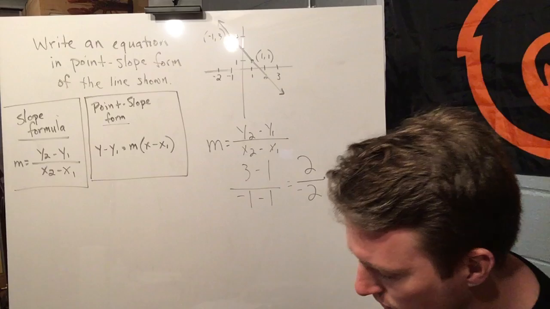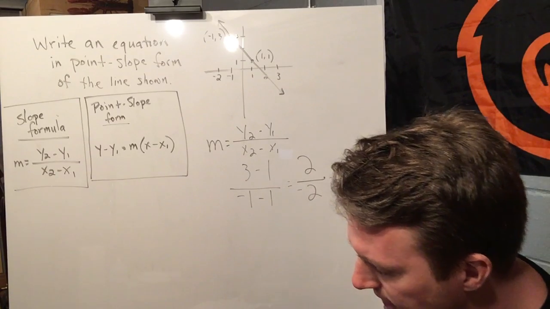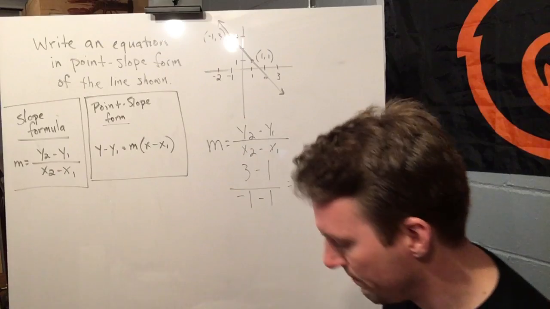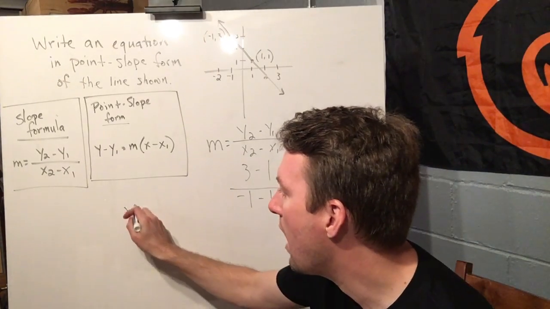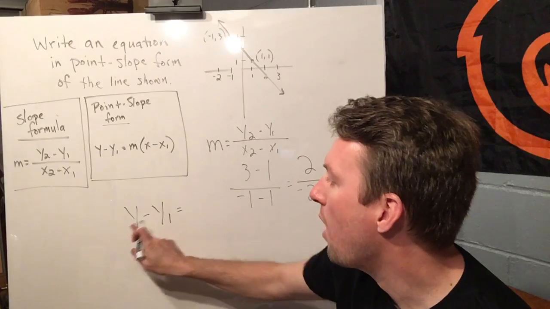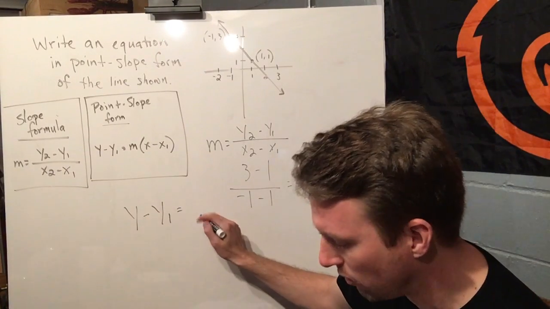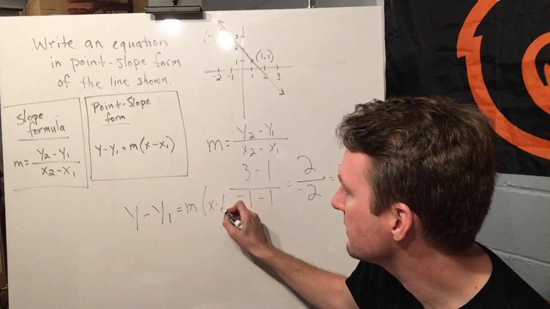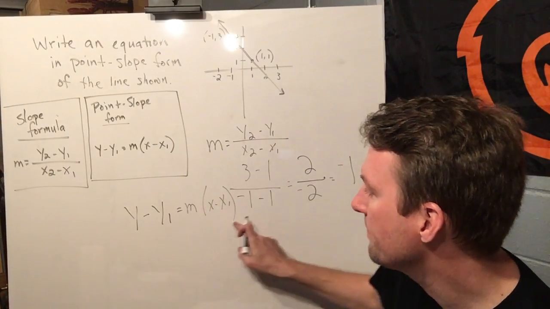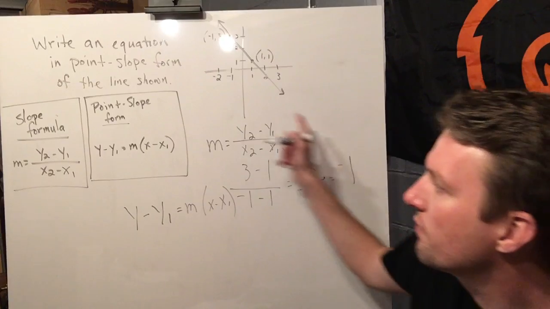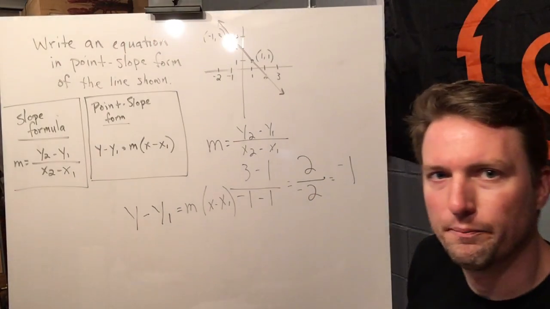Since we know our slope, what we can do is we can take that and we can plug it into our point-slope form. So I have y minus y1 equals m times x minus x1. Okay? Now, we know our slope is -1 from solving it using our slope formula.